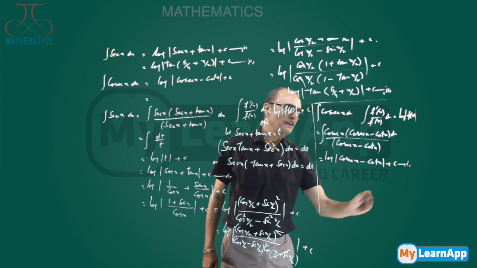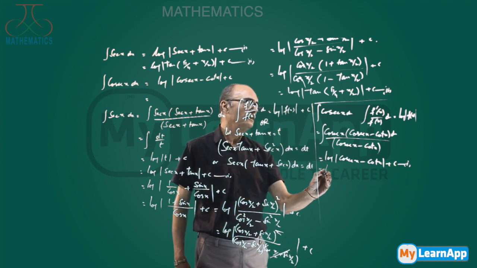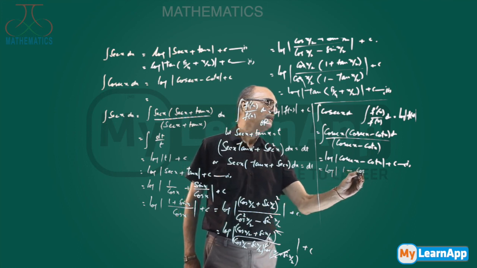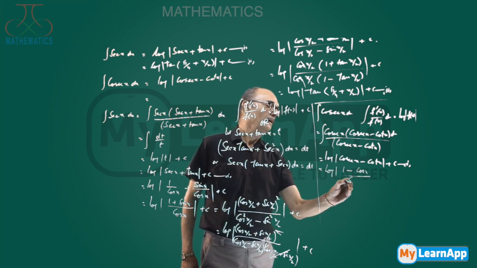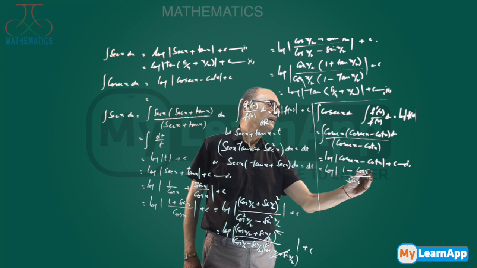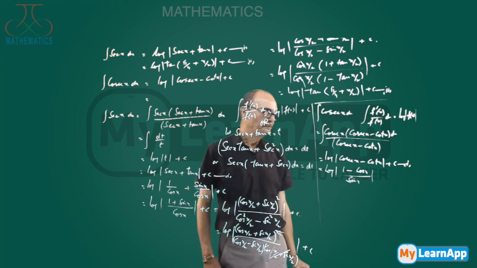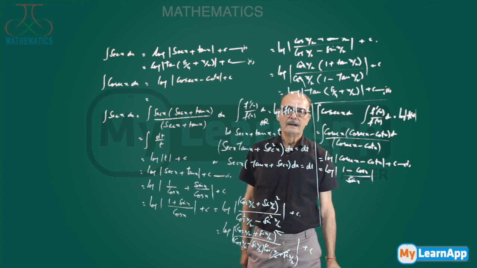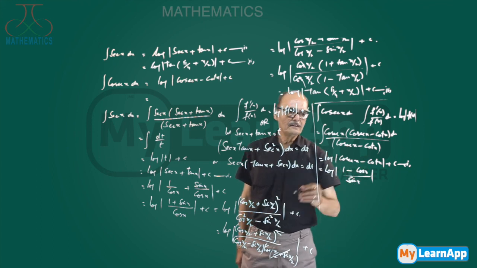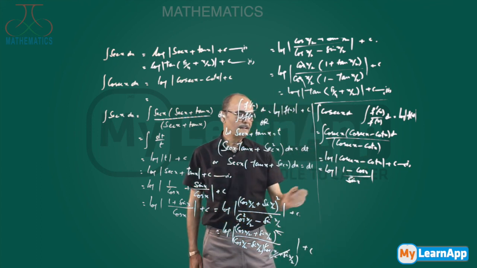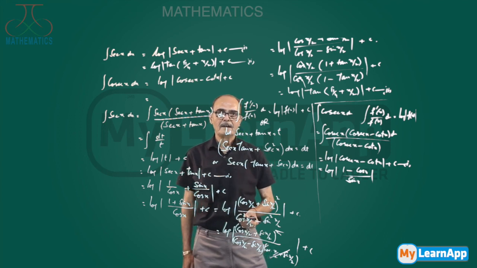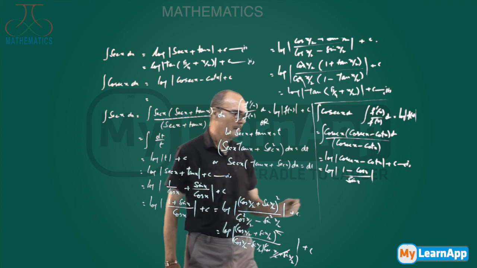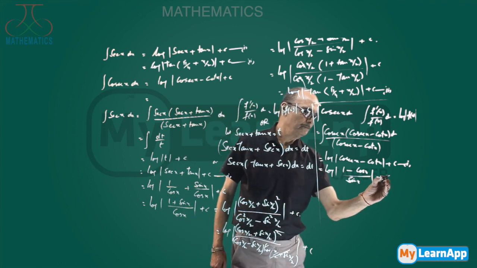To obtain the second form, we change this into sin and cos, 1 minus cos x upon sin of x. Now, look here, cosec x is 1 by sin x and cot x is cos x over sin x. Take the LCM as sin x, and in the numerator you get 1 minus cos x, plus c.